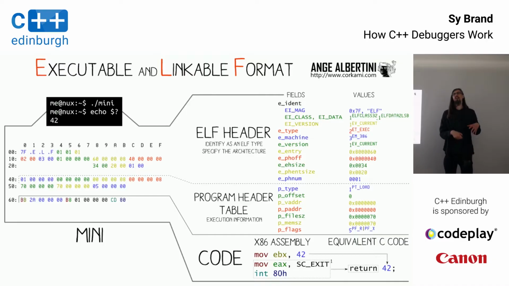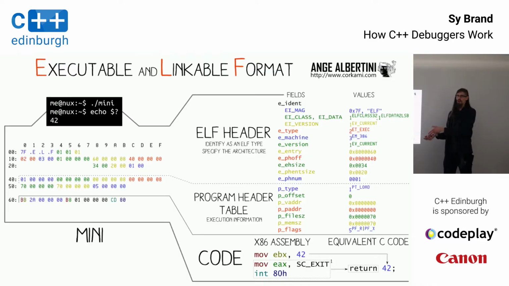Your code sits in some file on your computer, encoded in binary, and your operating system has loaders which understand this file format. They understand where to find the code, where to load it into the address space, and how to actually execute this executable.